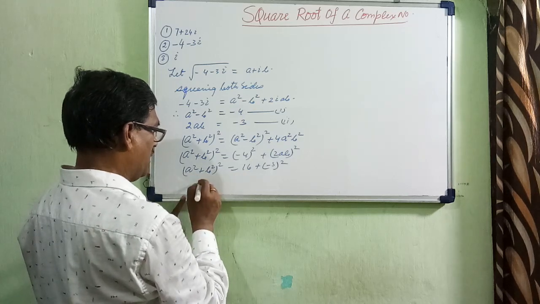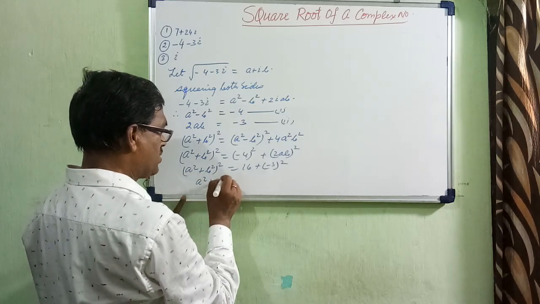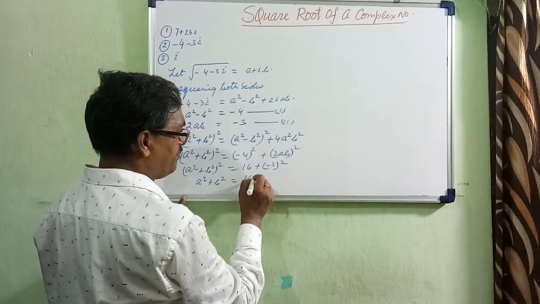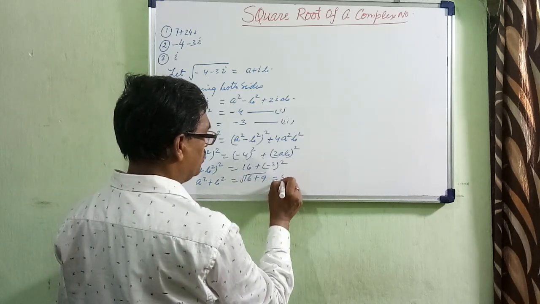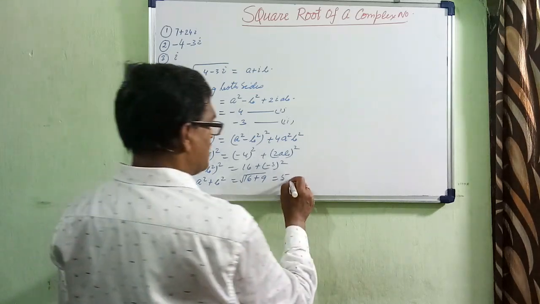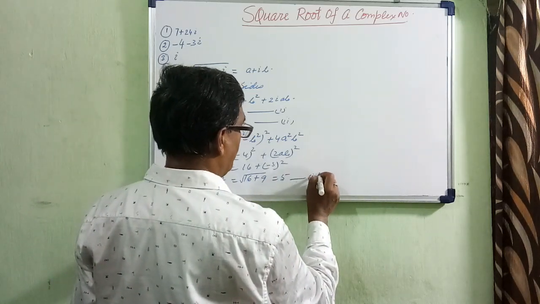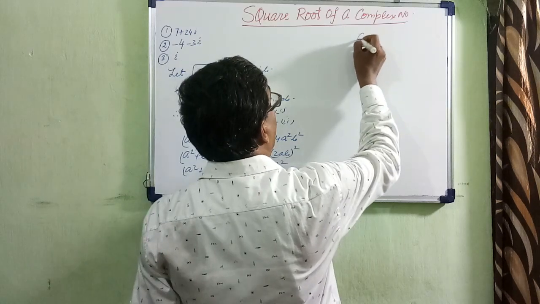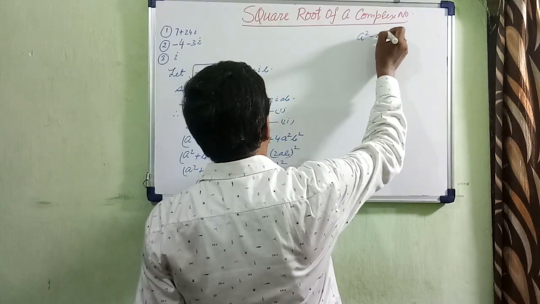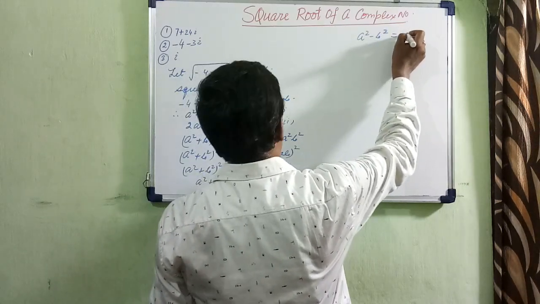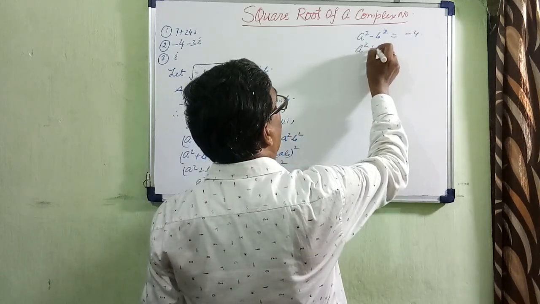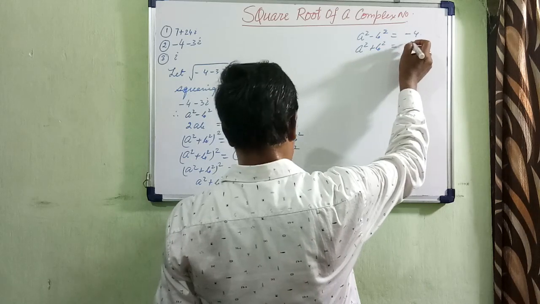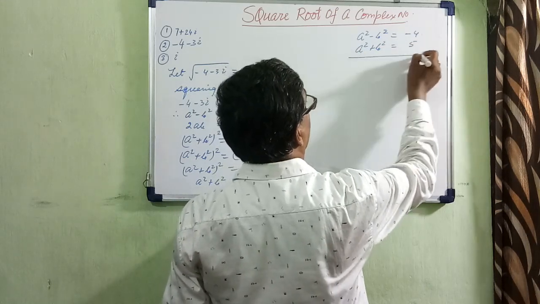Here we can say a square plus b square is equal to root over 16 plus 9, which is equal to 5. So this is equation number 3. Now a square minus b square is equal to minus 4, and a square plus b square is equal to 5.